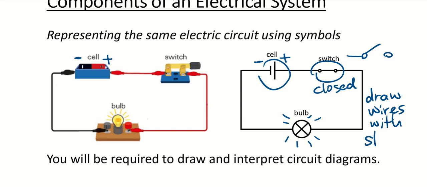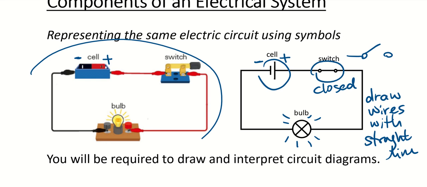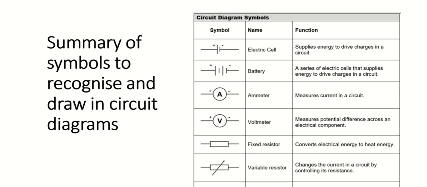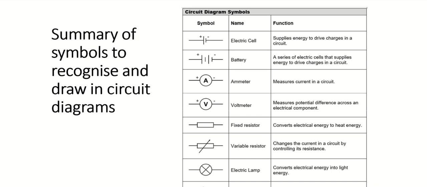Okay, so you'll be required to draw and interpret circuit diagram. So maybe I can have a real life photograph, and you must use the symbol correctly to represent the electric circuit. Okay, so there are some more symbols to recognize and draw in circuit diagram.